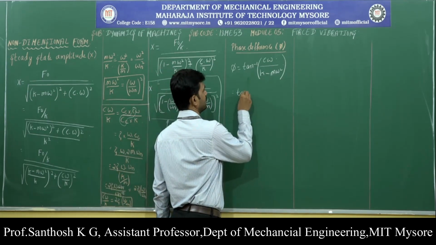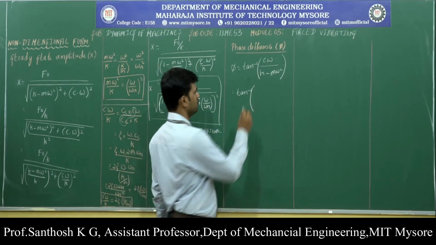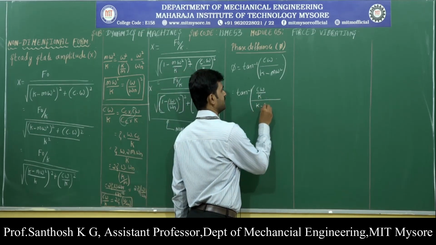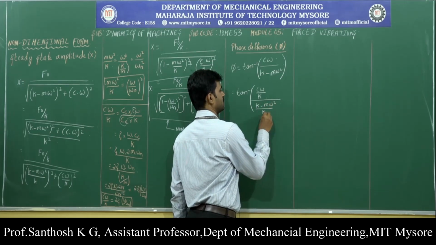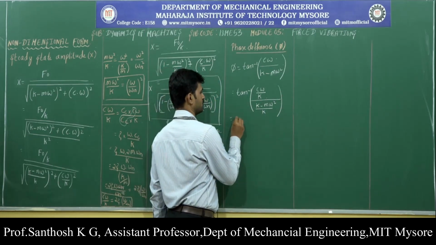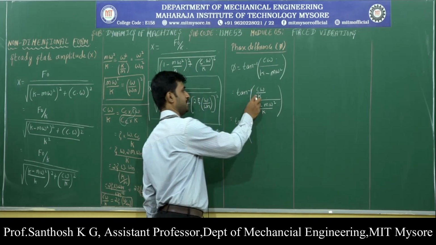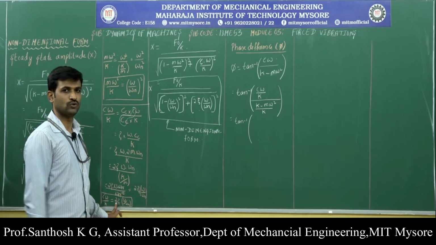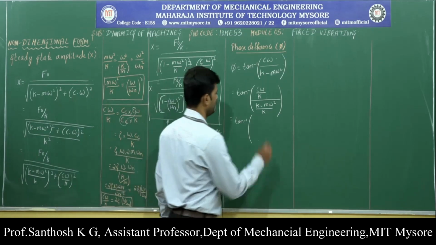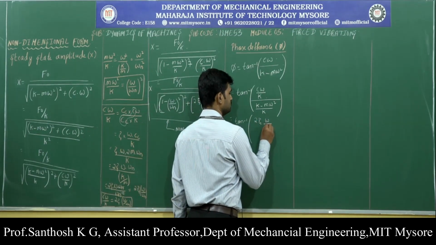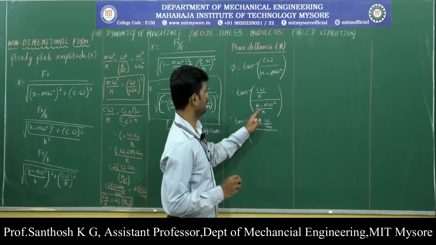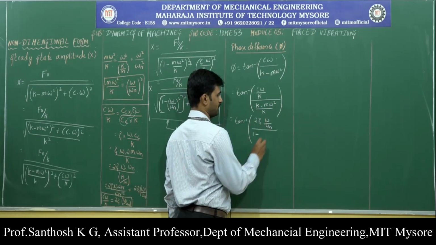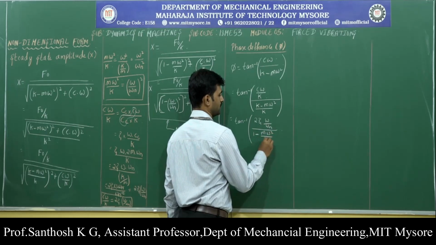So, this equals tan inverse of C omega divided by K, divided by K minus m omega square divided by K. In place of C omega divided by K, I can write the non-dimensional form 2 zeta omega divided by omega n, and in place of K minus m omega square divided by K, I can write K by K is 1 minus m omega square divided by K.